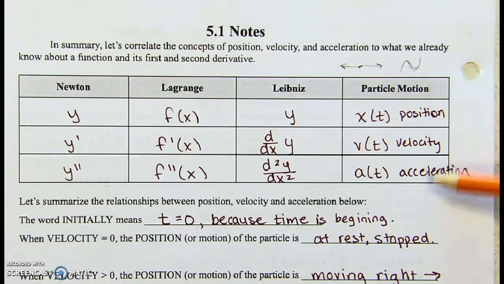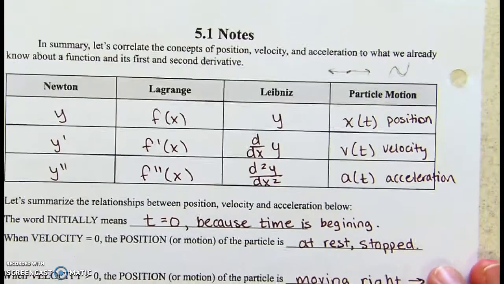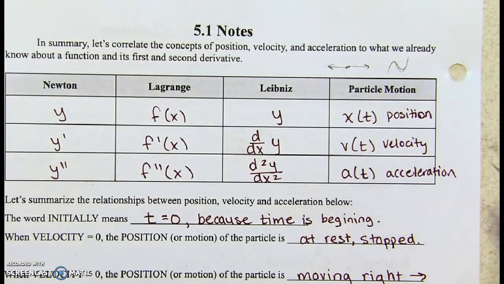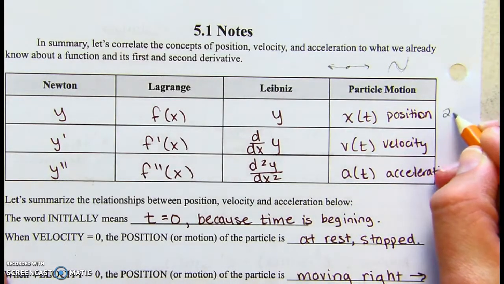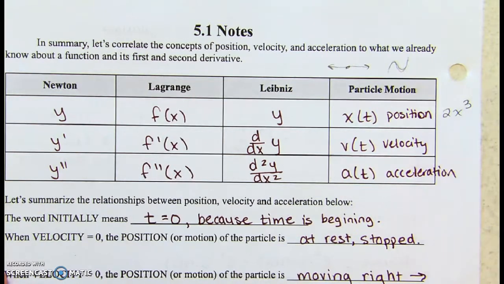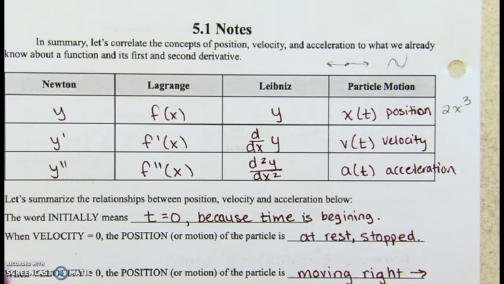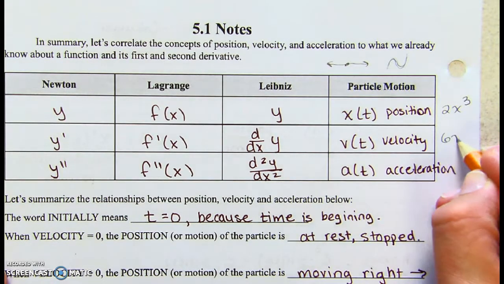So if you have seen these in physics before, you were just given the formulas. So say you were given the position formula of 2x to the power of 3. Your teacher said that's position. Well, then what would be the velocity? 6x squared.